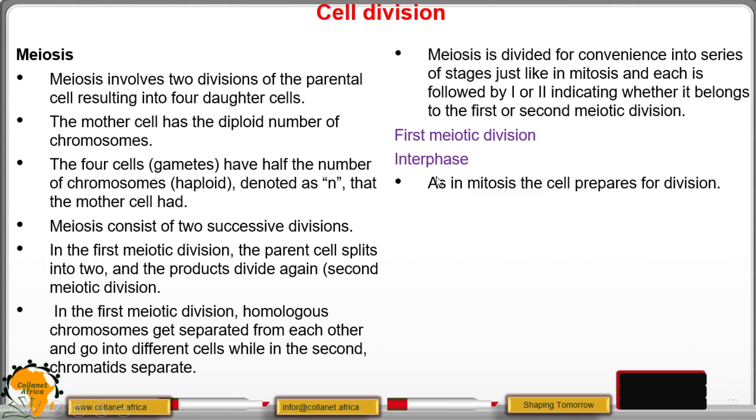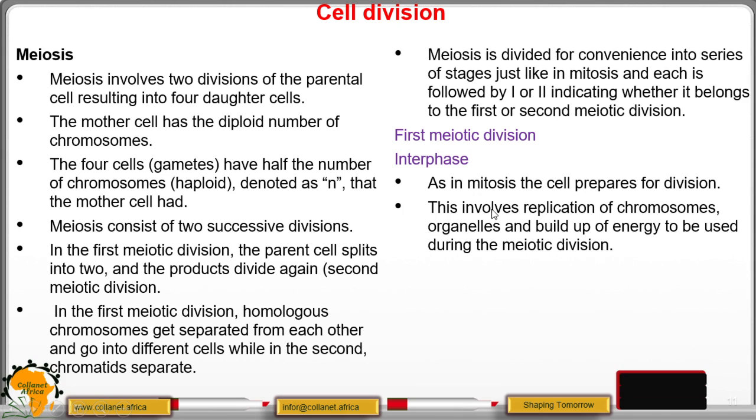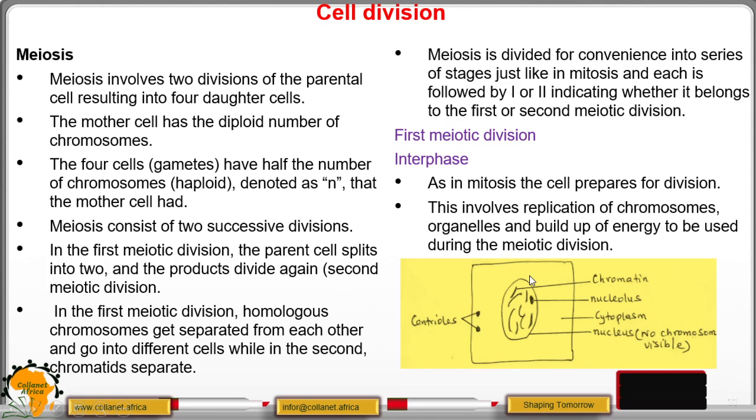Interphase. So this is interphase 1. As in mitosis, the cell prepares for division, and there is multiplication of chromosomes, synthesis of new organelles, and build-up of energy to drive the entire meiotic process.